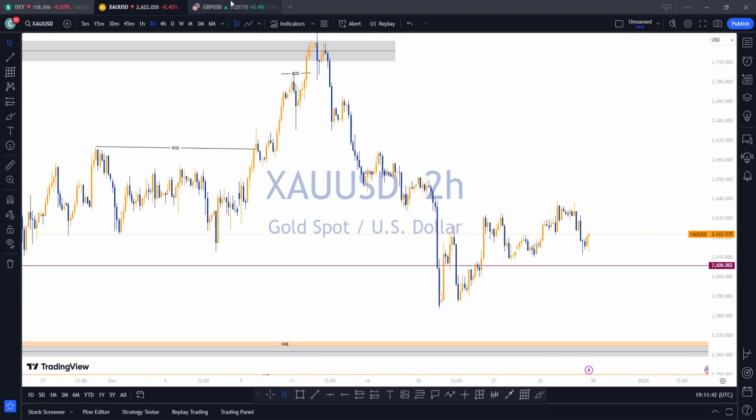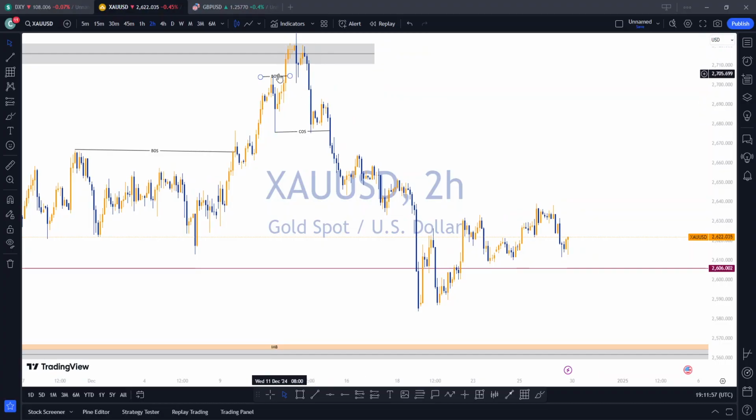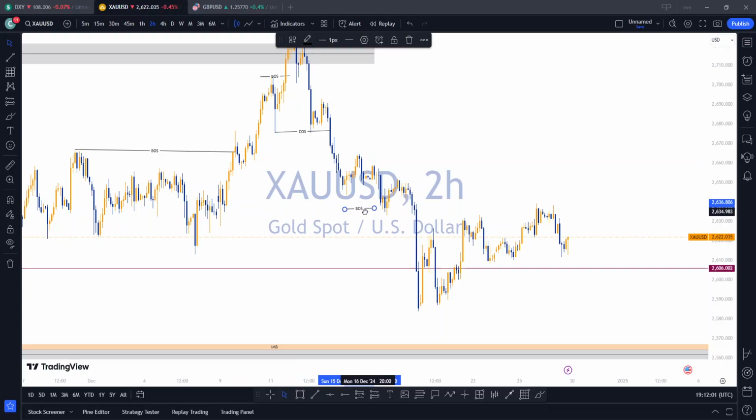So this is where we have a change of character, right? Broke this previous high right here. That's when we have a change of character. Then we started breaking structure right here. We broke this one.